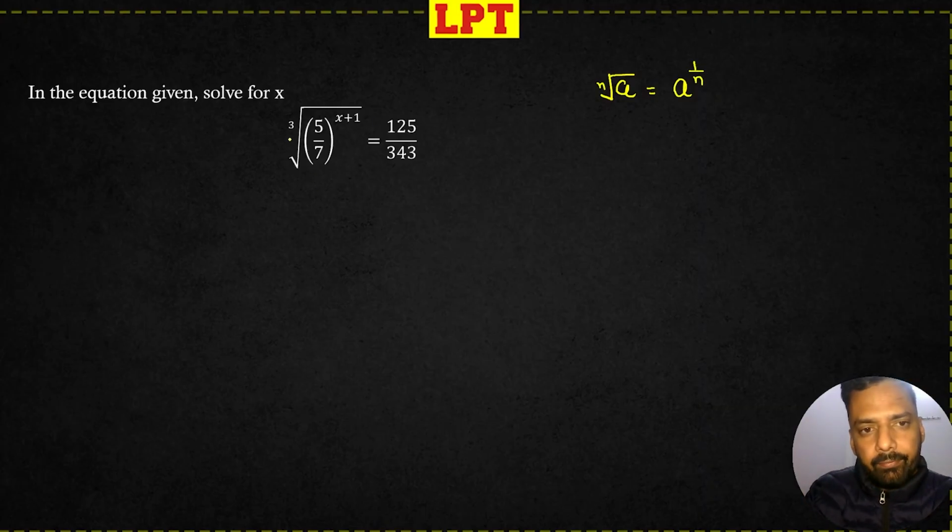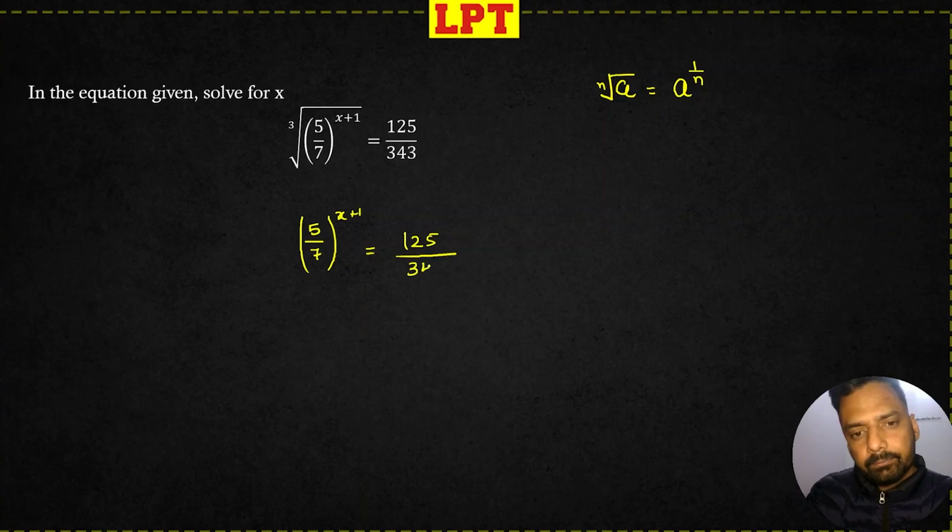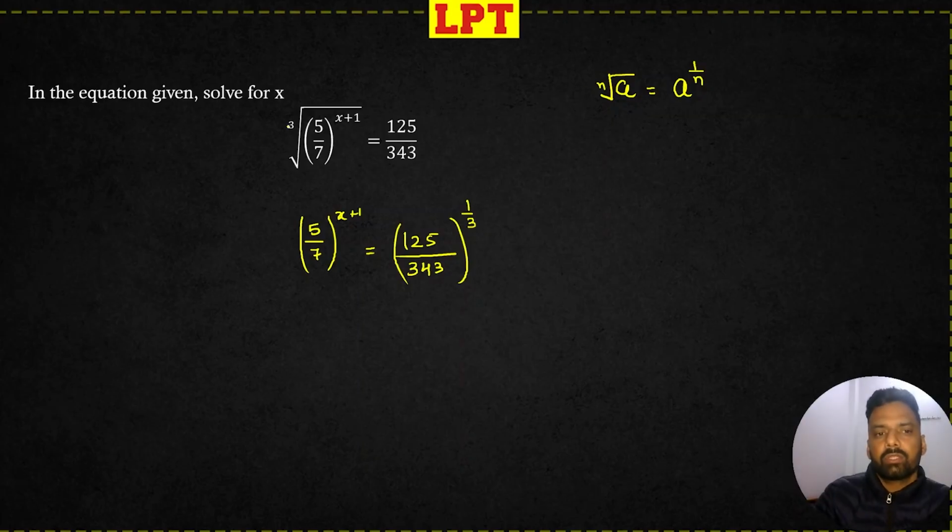So if I have 5 by 7, इसको अगर मैं ऐसे लिख लूं 5 by 7 whole to the power x plus 1, it can be written as 125 over 343 to the power 1 by 3 of this form, कि ये जो इसका ऑर्डर है सर्ड का, इस ऑर्डर को I can write in the form of 1 by 3 तरफ ले जाके.